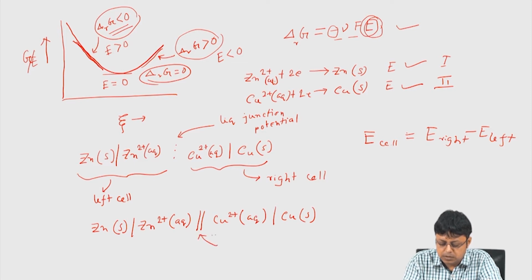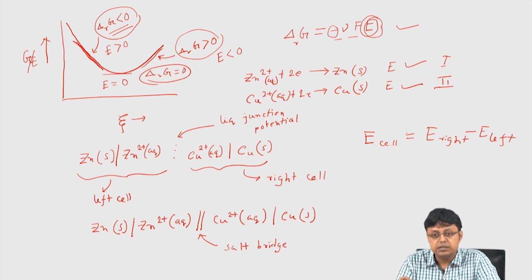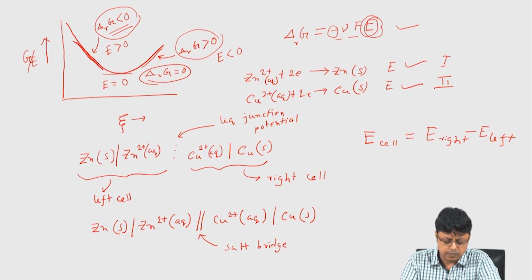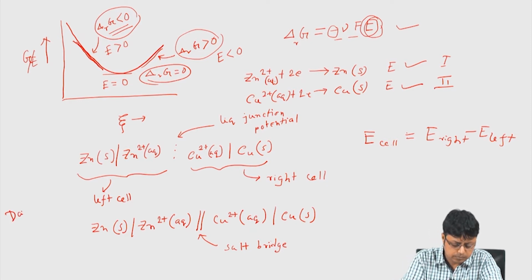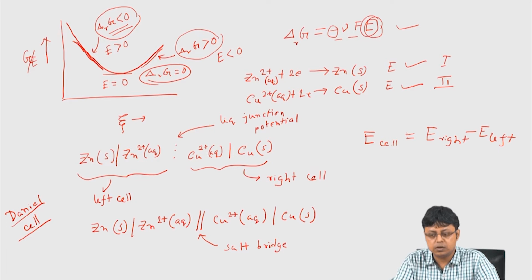So, this is for liquid junction potential removed, which is equivalent to saying that it is connected via a salt bridge. This is a representation of the entire cell. In this case, this cell is very famously known as the Daniell cell. You already studied this in your high school electrochemistry.